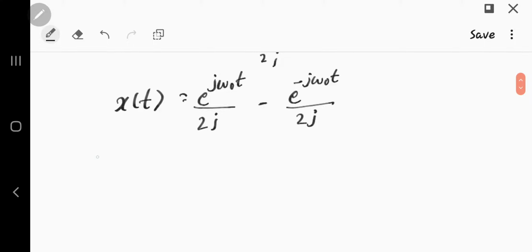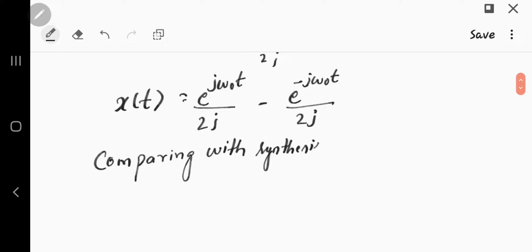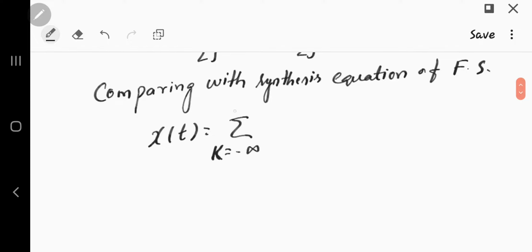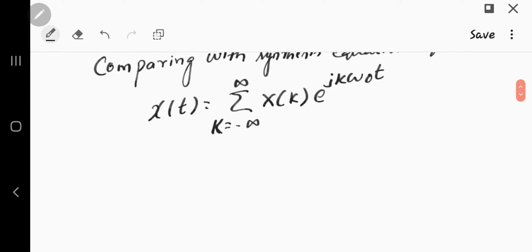Now comparing with the synthesis equation of Fourier series. The synthesis equation is x of t equals summation k equals minus infinity to plus infinity x of k e power j k omega naught t.